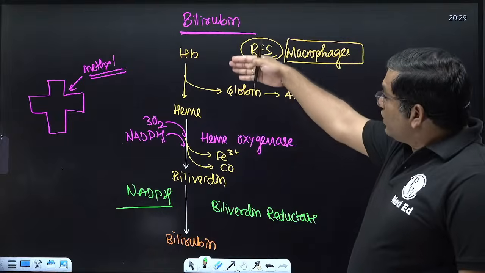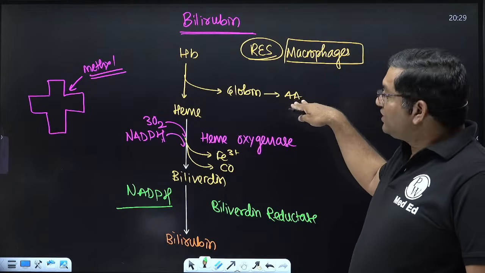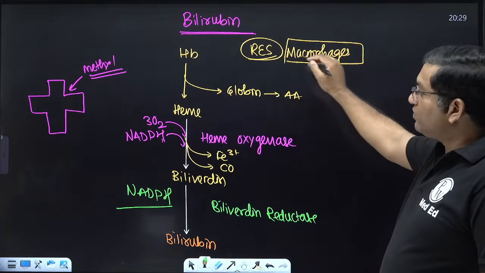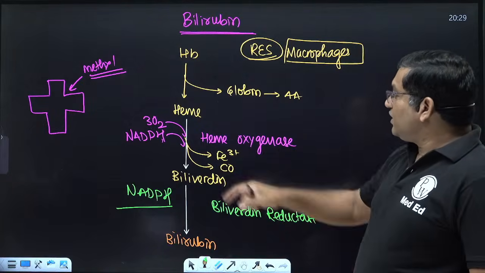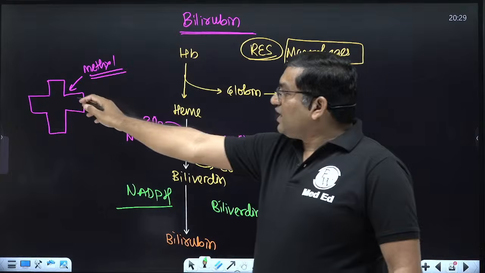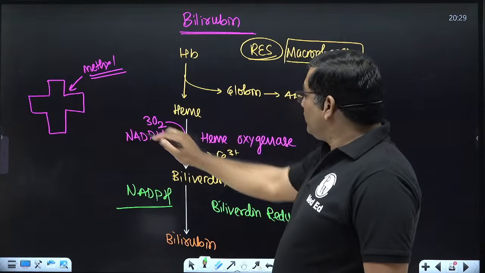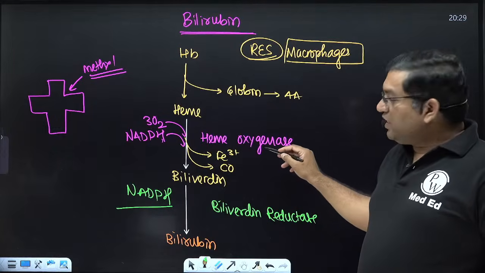So see, hemoglobin is degraded into heme and globin. Globin is converted into amino acids and reutilized. Heme degradation occurs in the reticuloendothelial system, specifically in the macrophages. Heme is cleaved at the methynyl bridge by O2, and this cyclical compound is converted into biliverdin with the help of the NADPH dependent heme oxygenase enzyme.